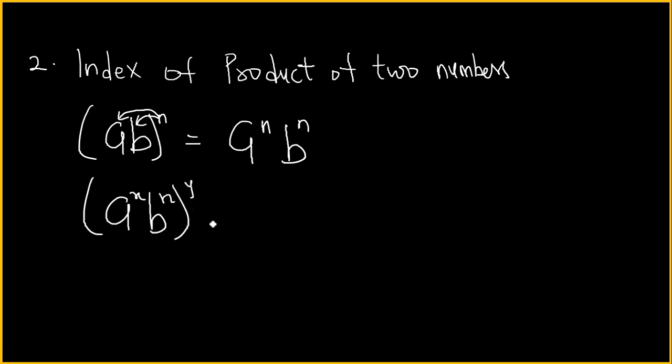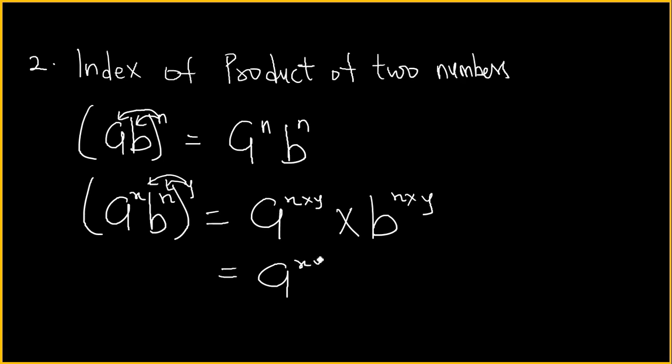So the simplified form of this expression is a^x multiplied by y, b^x also multiplied by y. a^(xy) times b^(xy), a^(xy) b^(xy). So this is also another property.